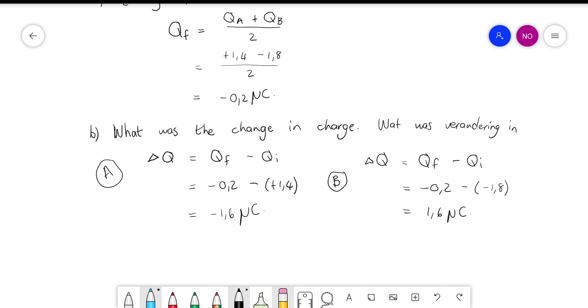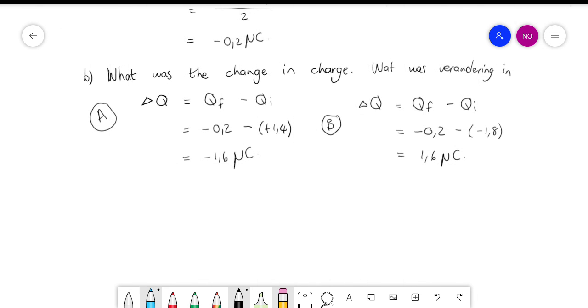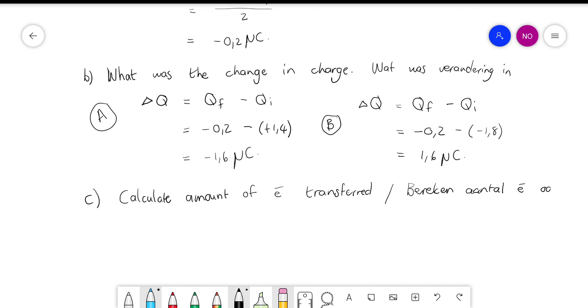But we don't have to worry about the signs because now for the next question, we throw away the signs. Okay, so there was a, well, no. Onnodig?